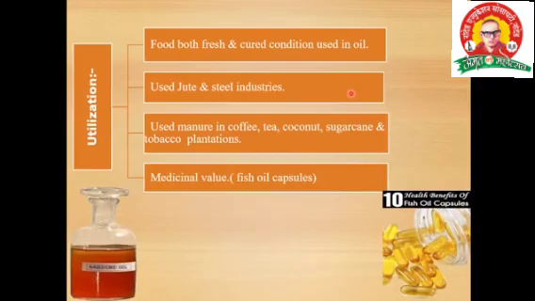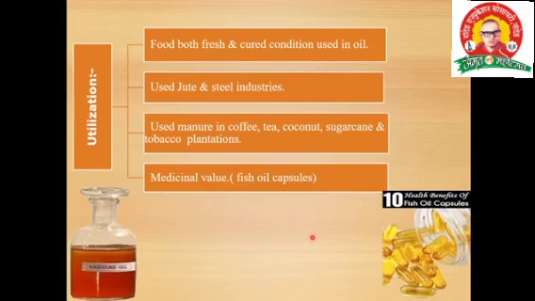Then an important thing. Already in the first slide I told what is the importance of oil sardine. That is the utilization. What is important? That is food, both fresh and cured condition. Oil is used in jute and steel industries. Used as manure in coffee, tea, coconut, and tobacco plantations also.